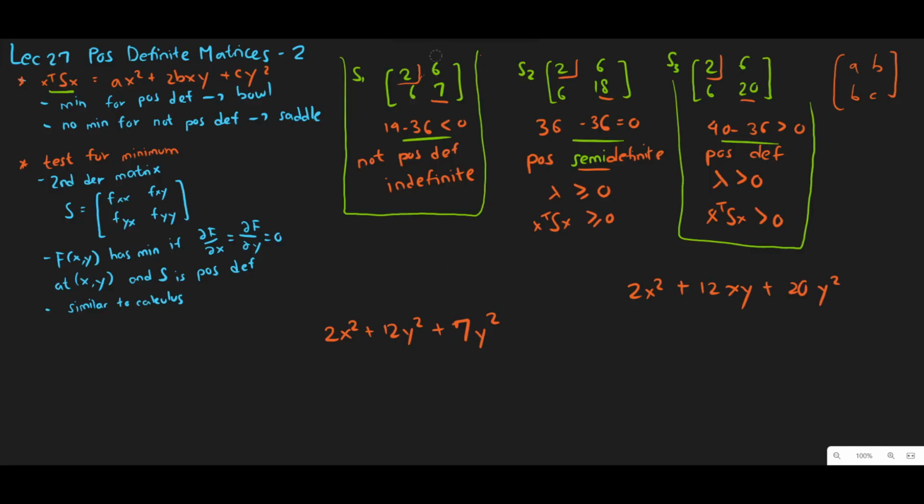And then just quickly test: is there some point x and y where the value can be negative? And it turns out there is.